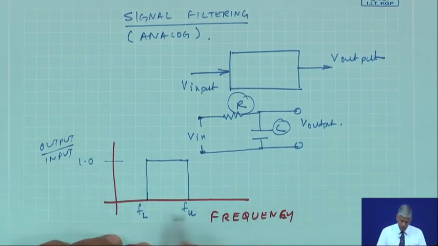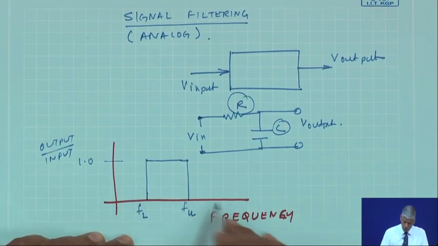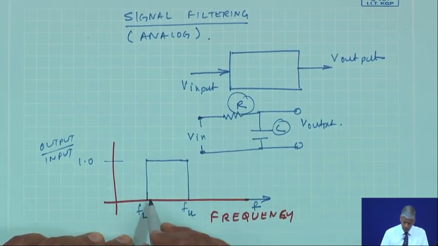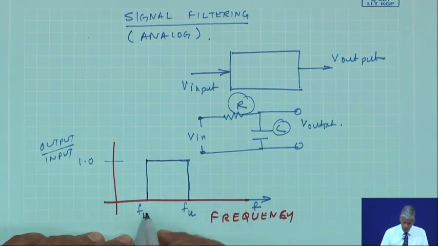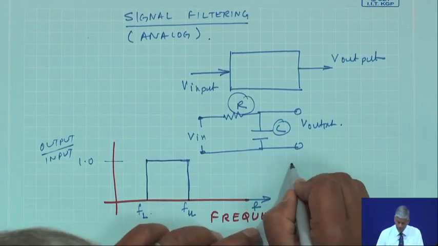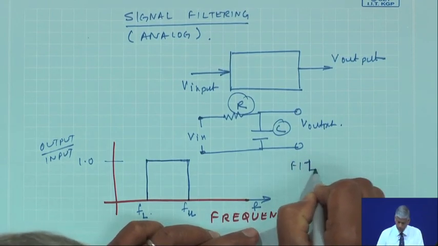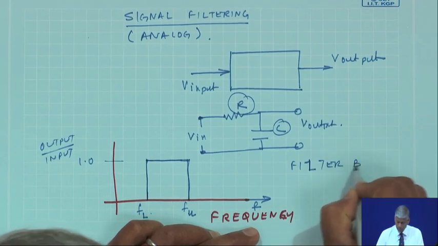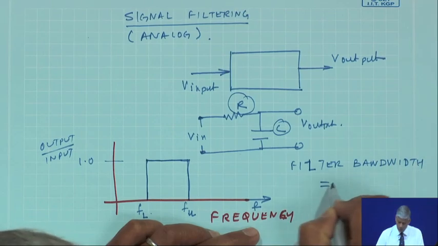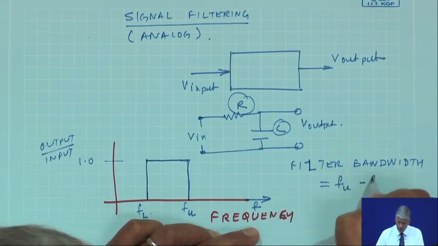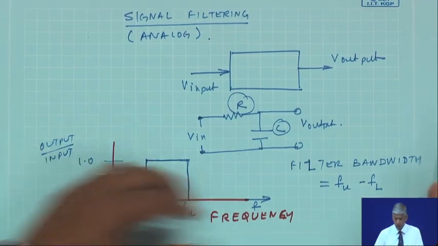That means any signal which comes into this filter will only produce an output between Fu and Fl. So, the filter bandwidth is nothing but F upper minus F lower. I will draw it again here.